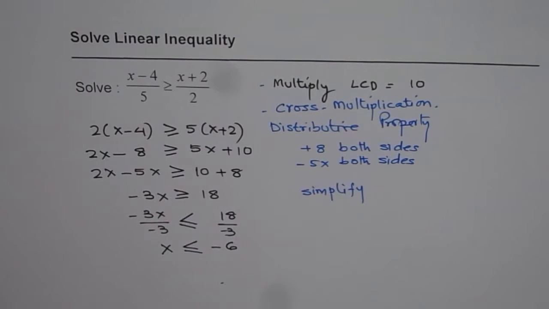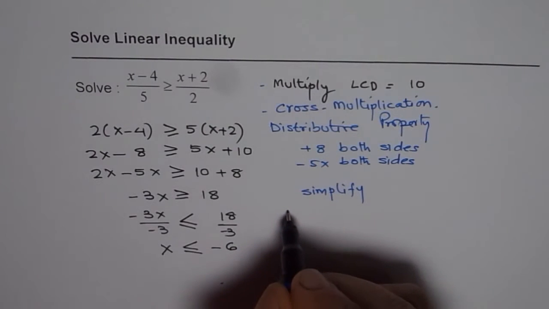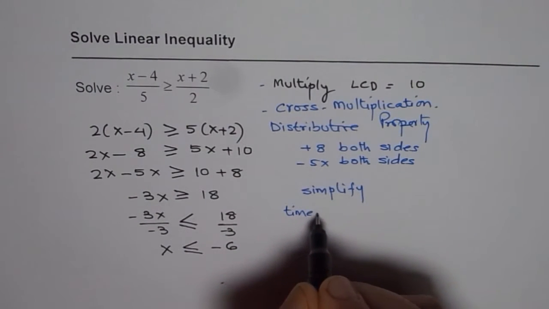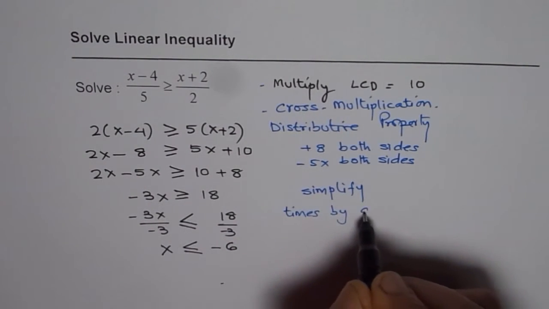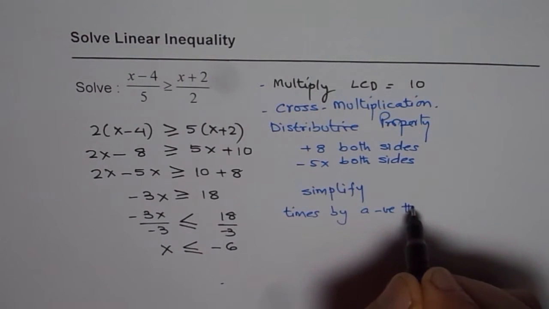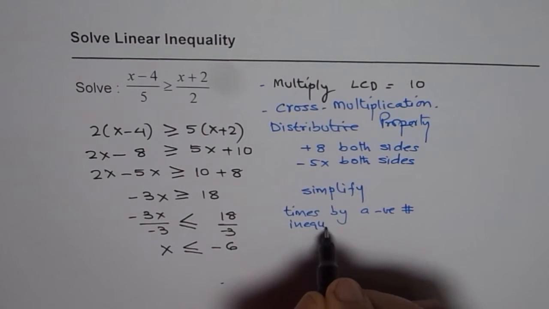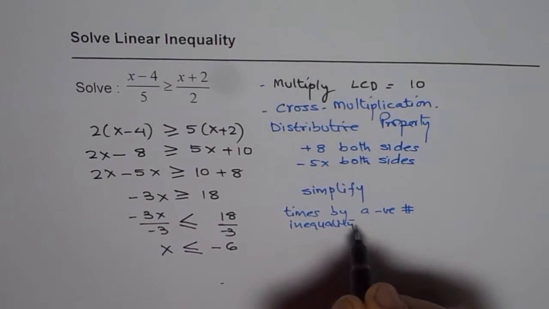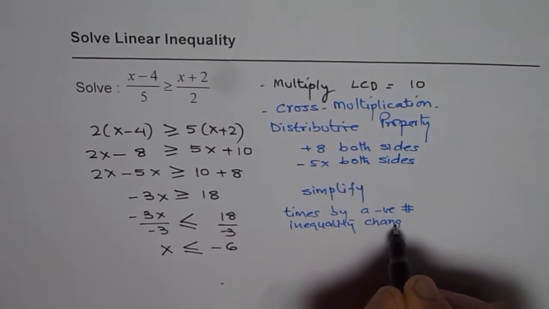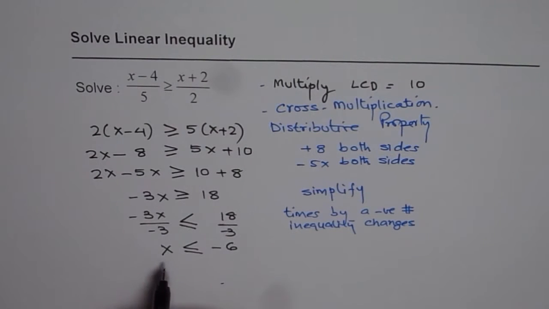So that is our answer, right? So remember this part: whenever you multiply by a negative number, the inequality changes. And then we get our solution as x is less than or equal to minus 6.